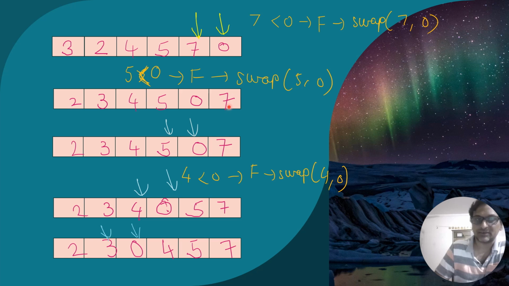Once we swap 7 and 0, we now realize that the ordering is broken on the left hand side of 0, because the immediate neighbor of 0 is 5, and that is not correctly placed for ascending order with respect to 0. Hence, we compare 5 and 0, the condition is false, and we do a swap of 5 and 0. So 0 is here, 5 is here now, and now again the same thing is done with respect to 4 and 0.